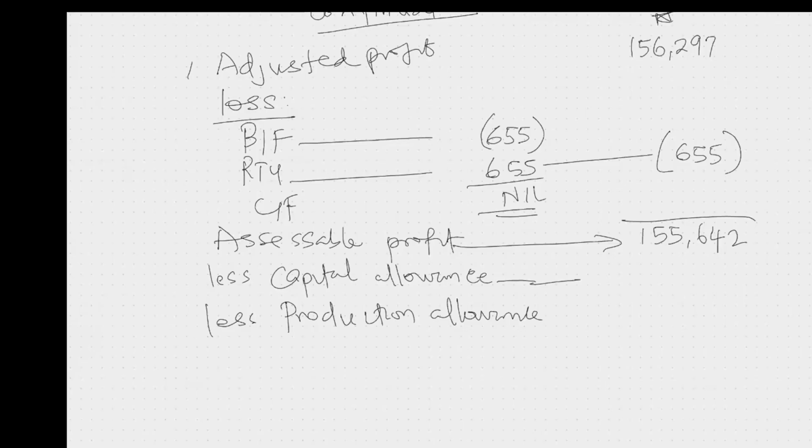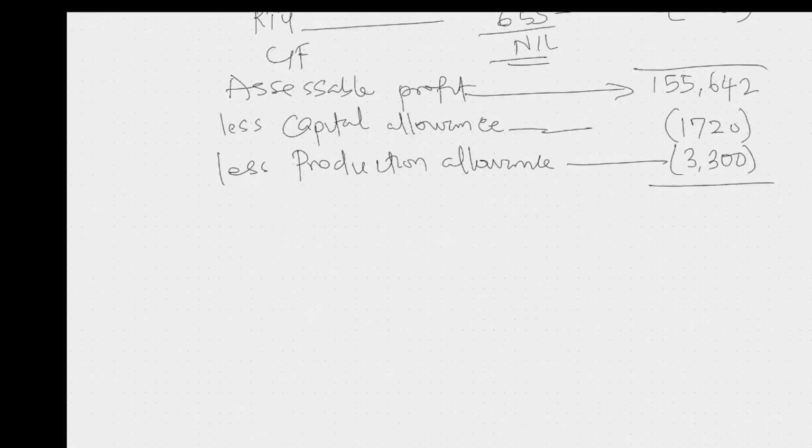Your production allowance, how much? 3,300. 3.3 million. Any other information? None. So we will now have our chargeable profits. What's our chargeable profits? 150,622.